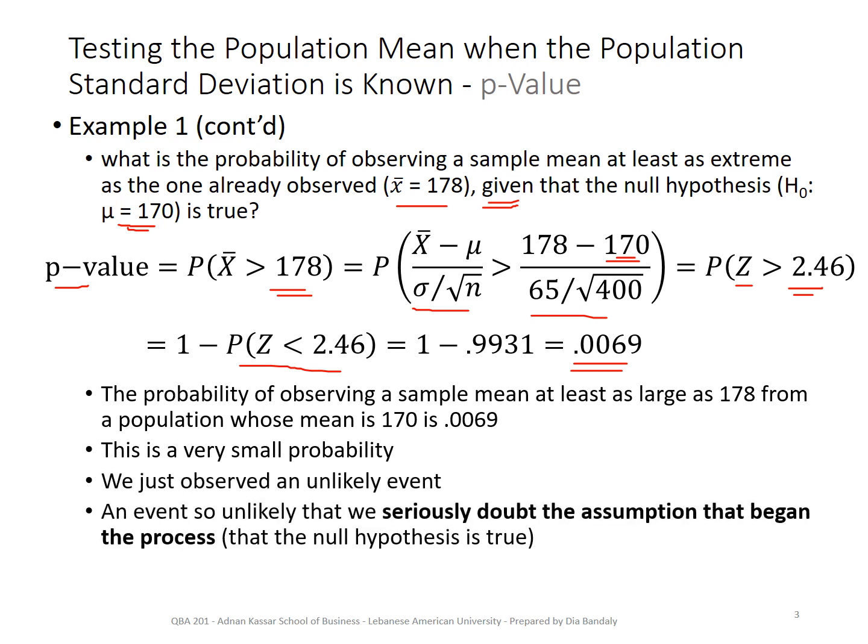So the probability that we will observe a sample mean of 178 drawn from a population that has a mean of 170 is 0.69%. Such a small probability. So we are saying that it is a very unlikely event, and this will allow us then to reject the null hypothesis in favor of H1, right?